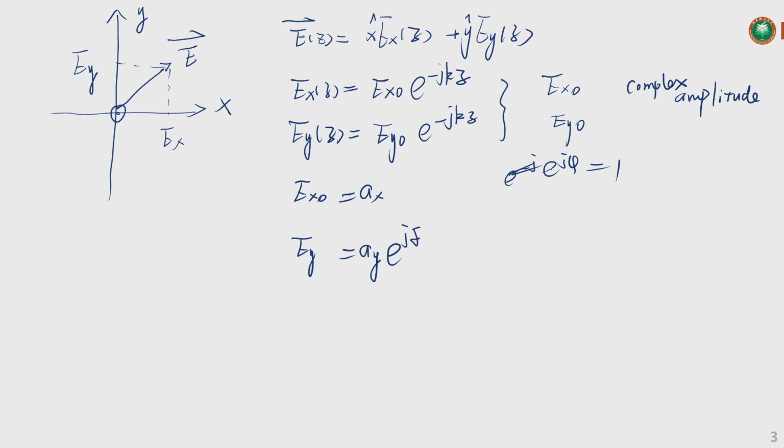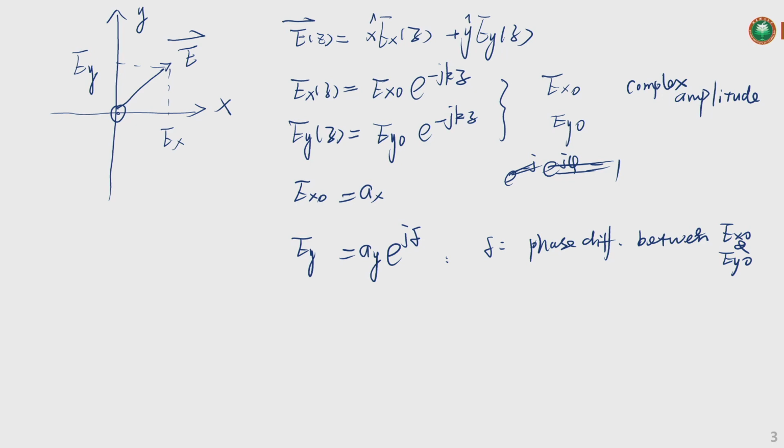So delta is the phase difference between Ex0 and Ey0.